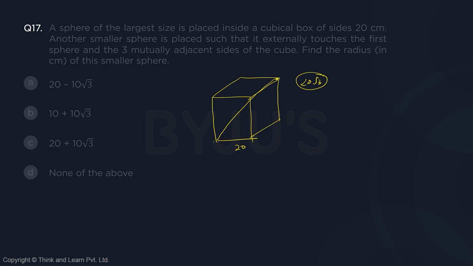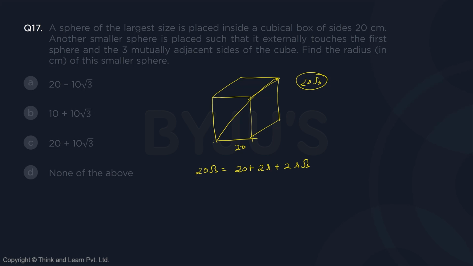Similarly, if you follow the same process which we have done in the square and the circle, in the second part, just replace every root 2 with root 3, because the figure will become 3D now. So in the second approach, 20 root 3, the longest diagonal, should be equal to the diameter of the sphere, that is 20, plus 2r, plus twice of r root 3. Got it?